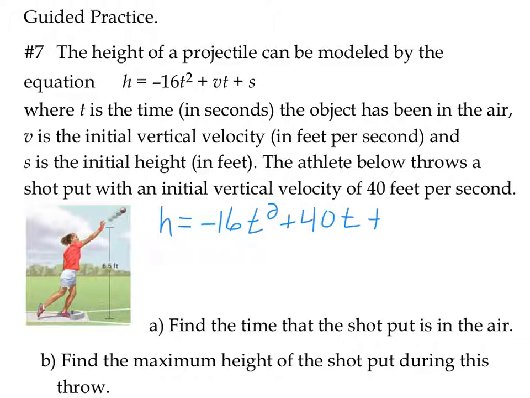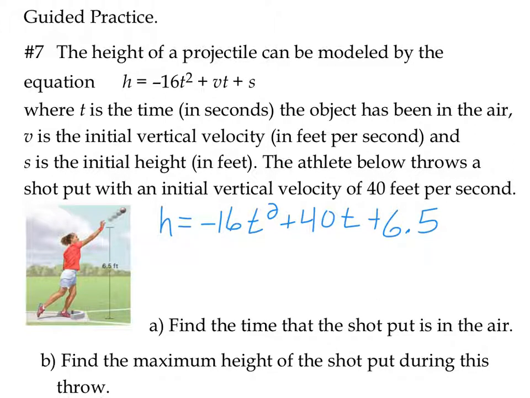We're going to have an s value in there, so that's the starting height. Well, we look in our diagram here, the shot put starts at a height of 6.5 feet. If it was a ball kicked off the ground, maybe the starting height would be 0. But in this case, that starting height is 6.5. Okay, 6.5.